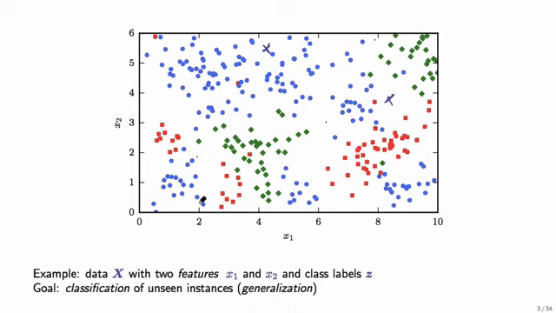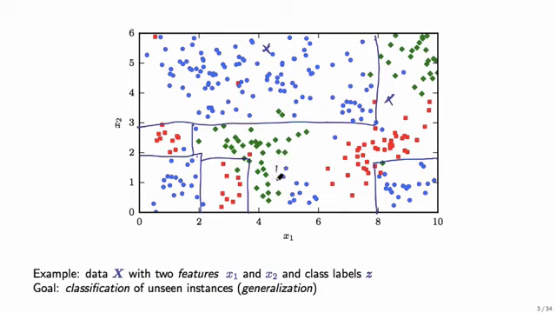So it looks like down here we have a rectangular region where there's only blue points. The same holds for that piece right here and over here. And we can continue that until we have divided up our whole feature space. So let's do that real quick.